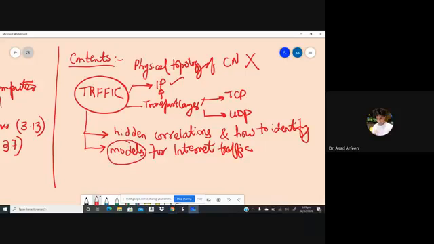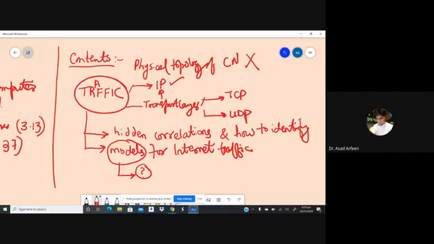I would like some of you who are more practitioners in computer networks to tell me the significance of these models. What is the current significance of internet traffic models? Practitioners normally do not depend on models. But if I give you a model of traffic, what can a model do?